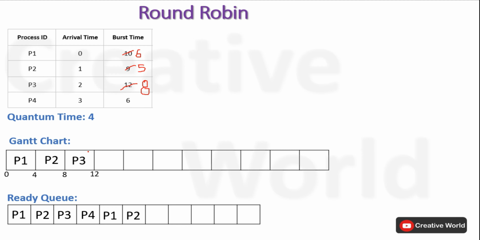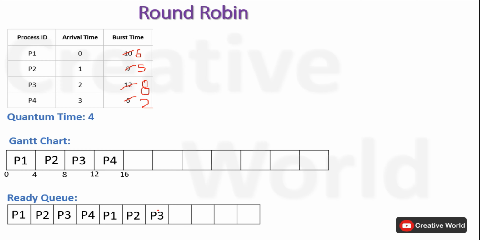After the completion of 4 quantum time, P3 will be shifted into the ready queue and P4 will be executed for 4 times. Burst time of P4 is 6 and it will be executed up to 4 times. The time will be 16, and after the execution of 4 cycles, P4 burst time will remain only 2.